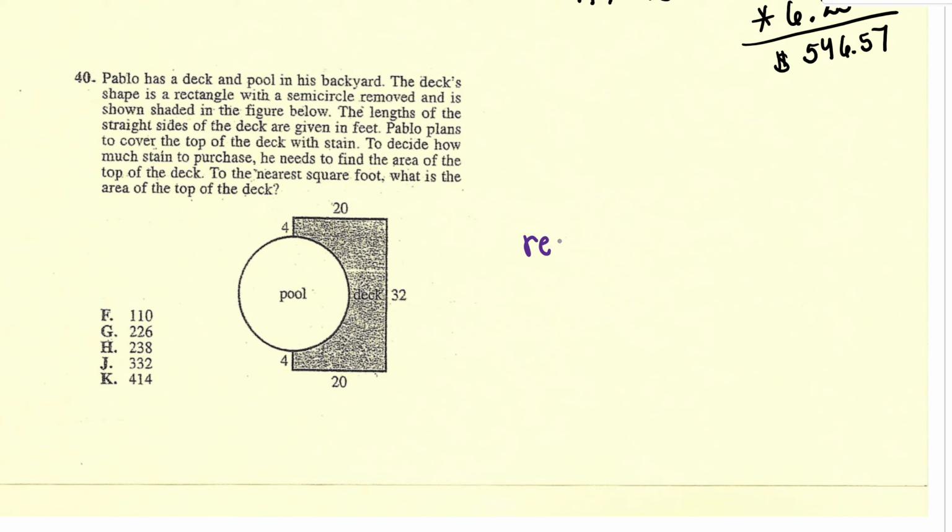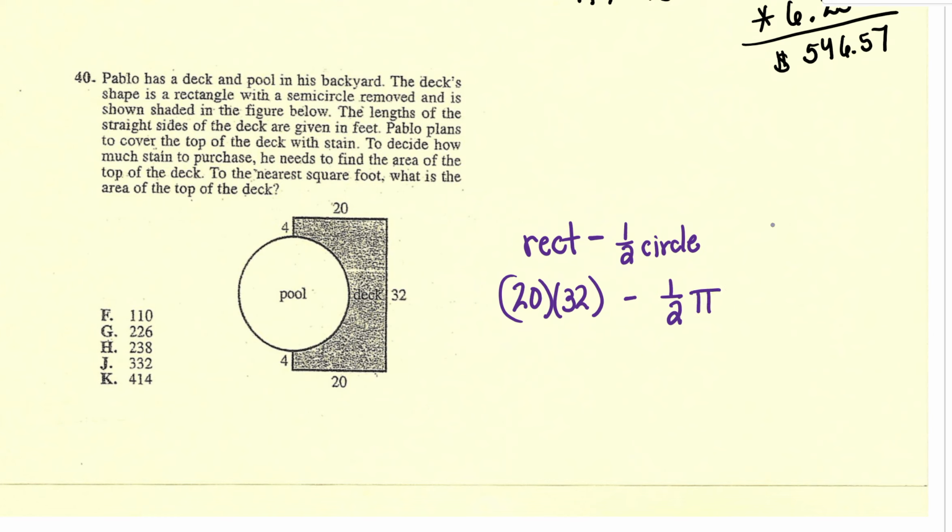So this time we have a rectangle minus half a circle. So this rectangle here is going to be 20 times 32 minus half of this circle.